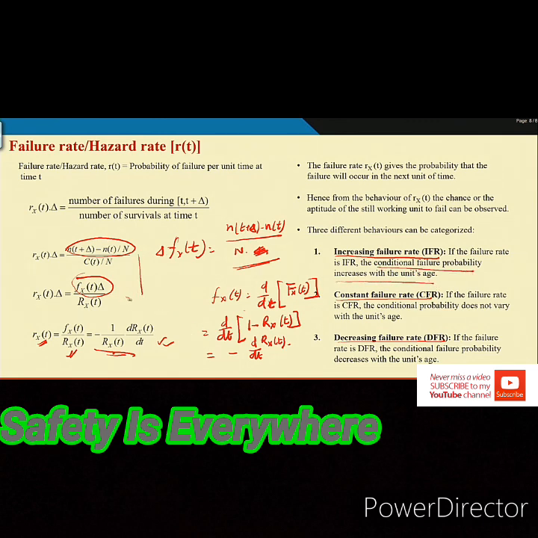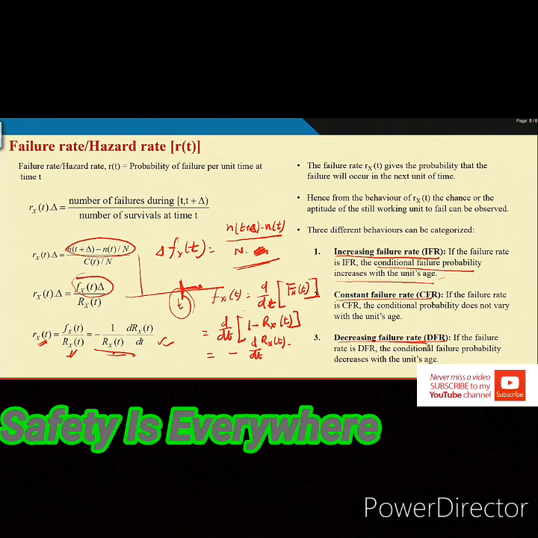We said that a unit survives up to time t, and then what is the probability that it will fail within the next unit of time? Conditional on this survival, if the failure rate is increasing, that means the probability of failure increases with increase in age.